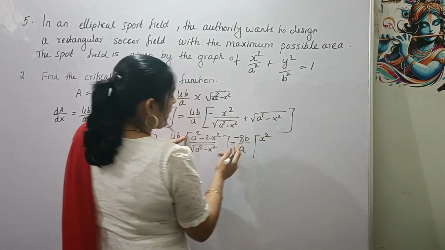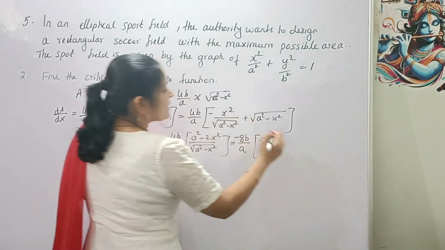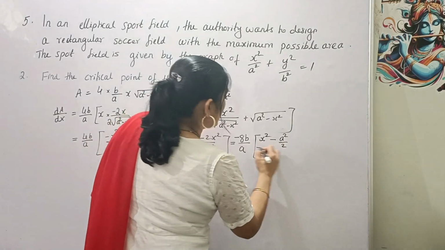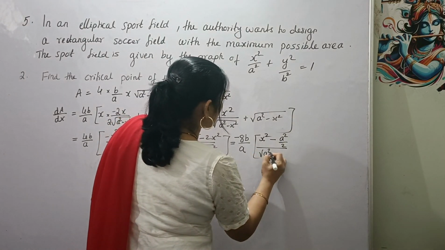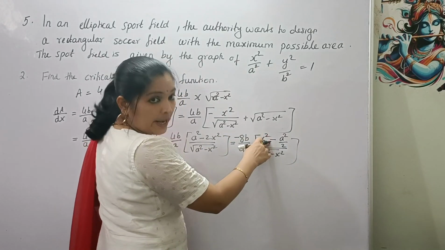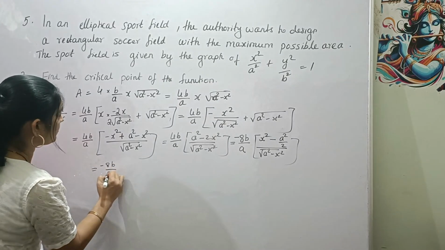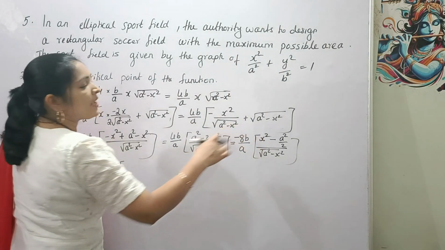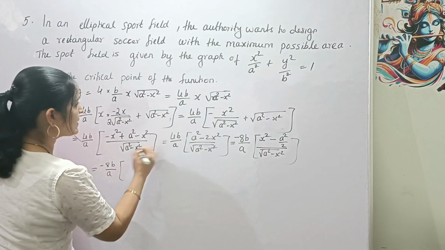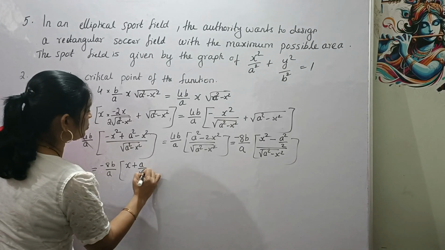So x² minus 2 taken outside, therefore it will be x², and it is −a²/2 because we have taken minus 2 outside, divided by √(a² − x²). Okay, now it is factorized. It can be factorized. Okay, so it is equal to −8b/a. It's in the form of a² − x², or x² − a², that is x plus a/√2.